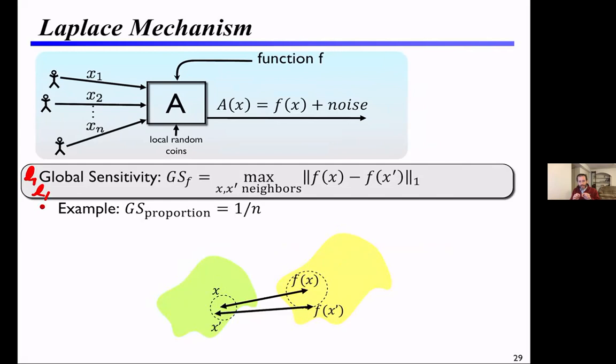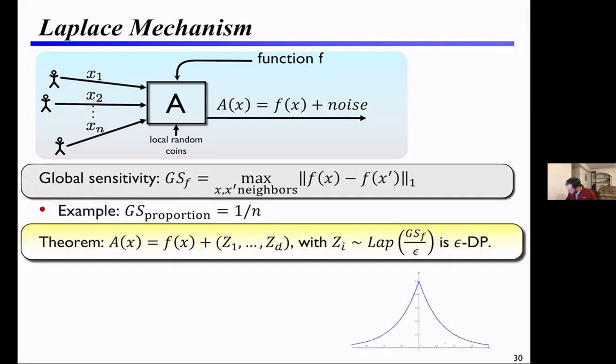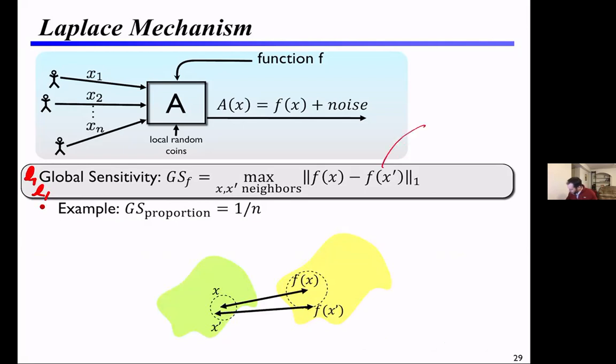f of x is some vector of statistics, f of x prime is some vector of statistics, and we'll look at some measure of how far apart those two vectors are. Specifically, we're going to use the L1 norm. The L1 norm is the sum of the absolute values of the entries of a vector.